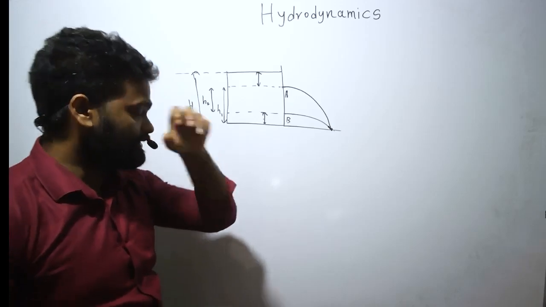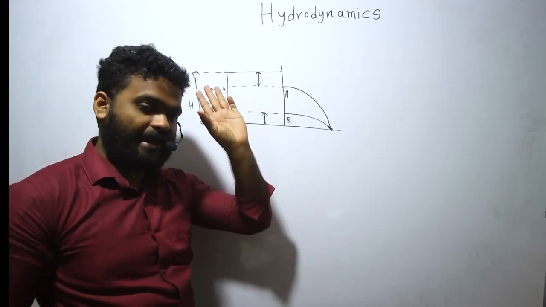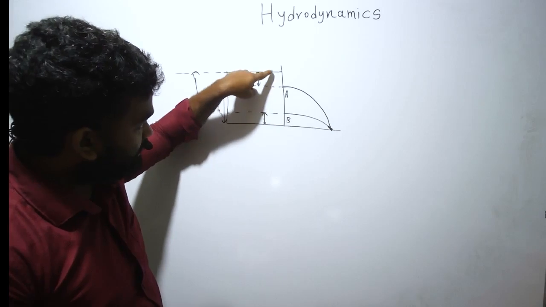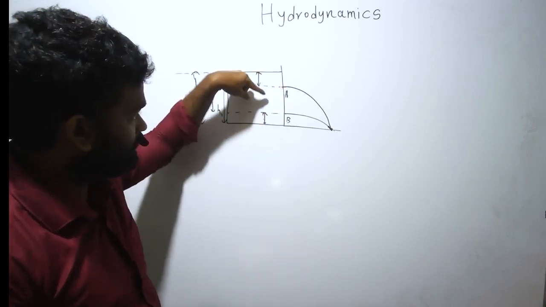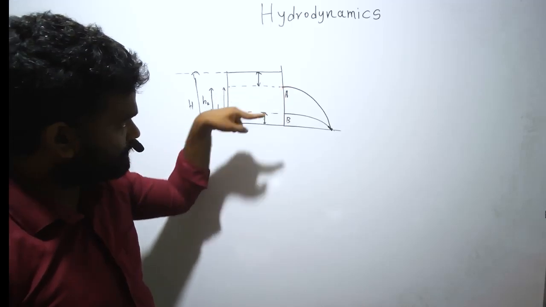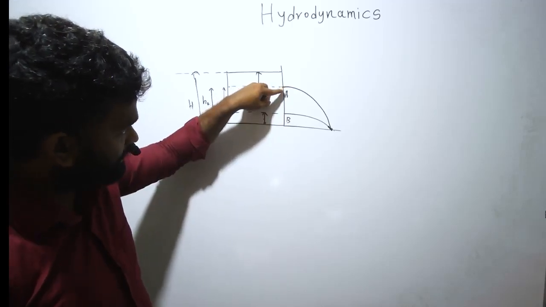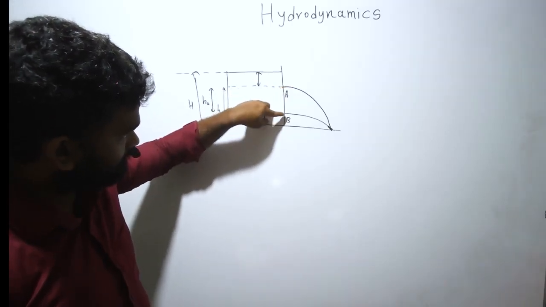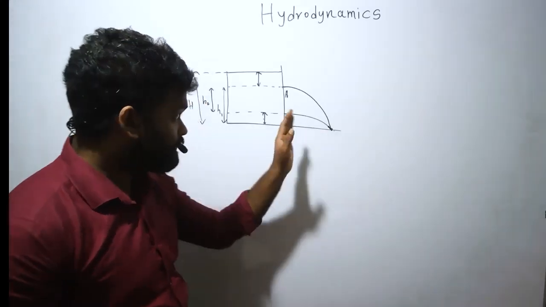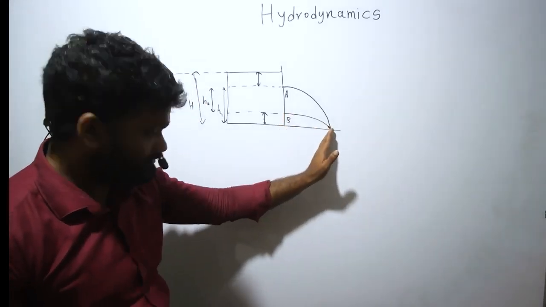You can derive it like this. If you haven't learned that, you can find the velocity here. Apply Bernoulli's equation. You can find the velocity here, right? So you have two horizontal velocities. Then you need to find this time using just motion equations. Then you know this horizontal distance.